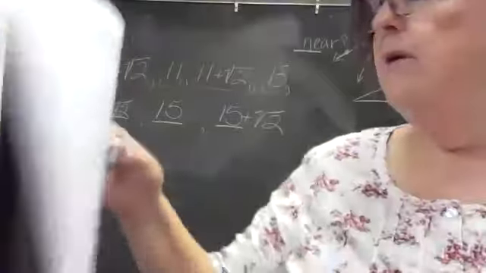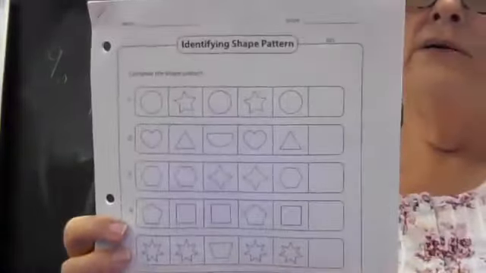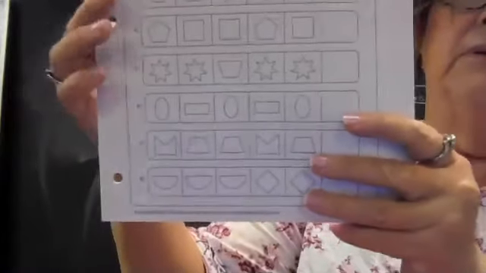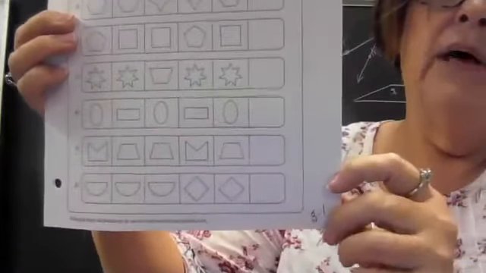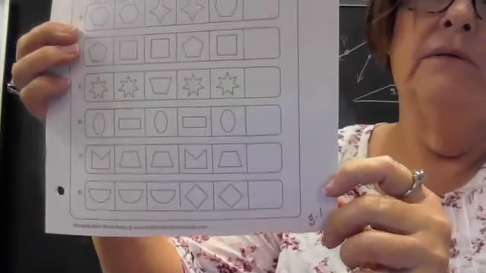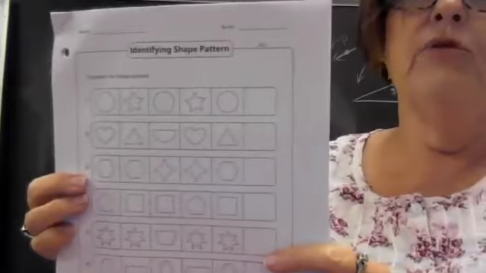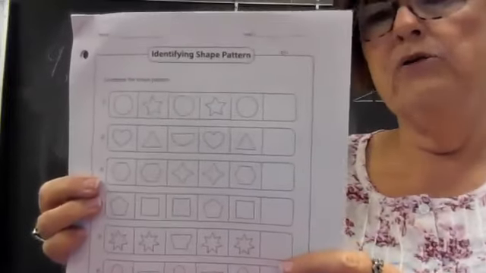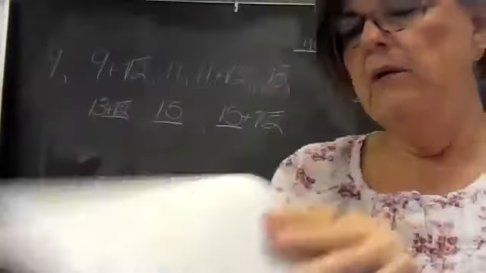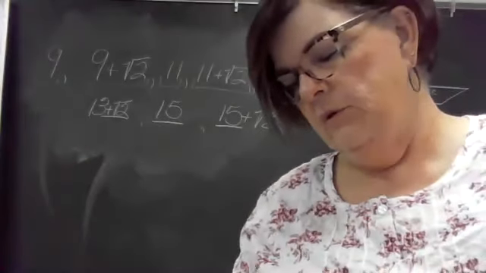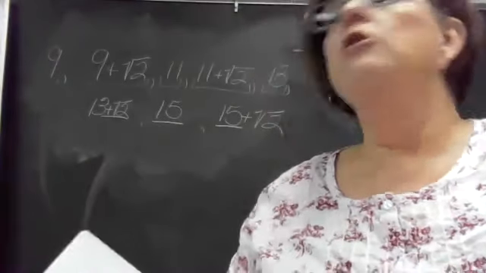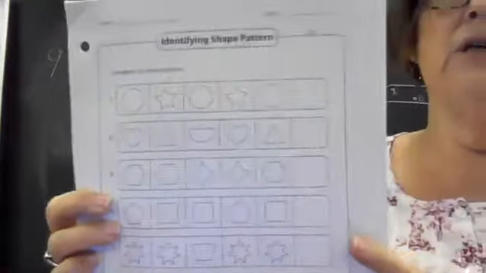Then the other thing that we worked on today was patterns. Identifying patterns. It was packet number 3. And you'll work all the way through this packet number 3 also, except the last page. Don't do page, was it 8? Was that the last one? 7. Don't do page 7. We'll talk about page 7 tomorrow.